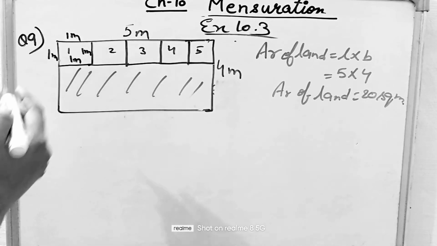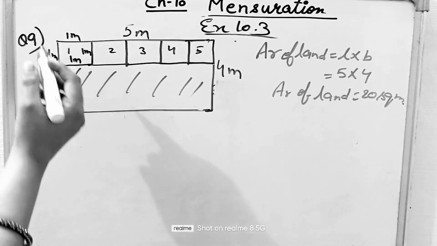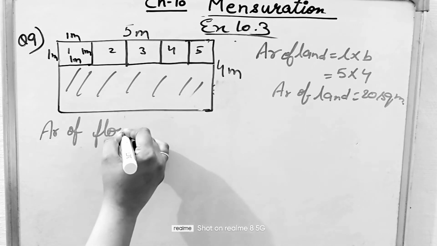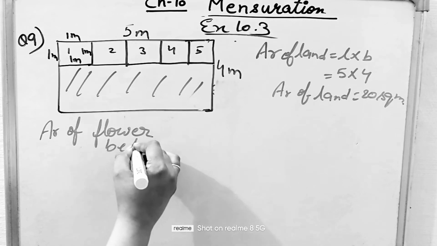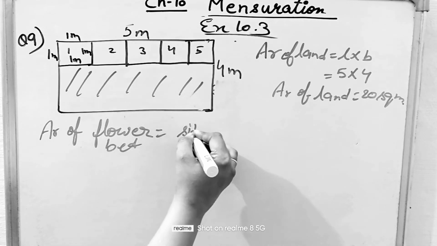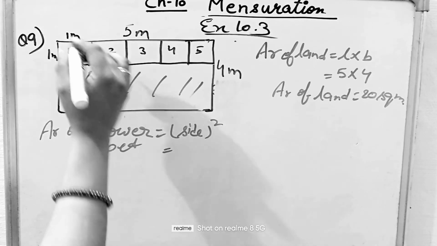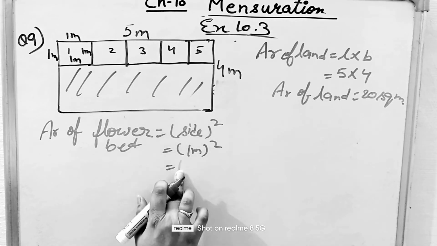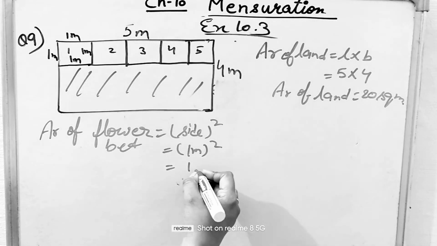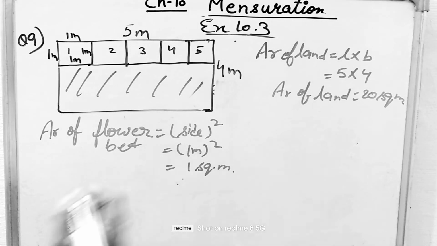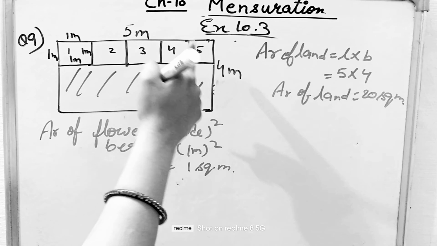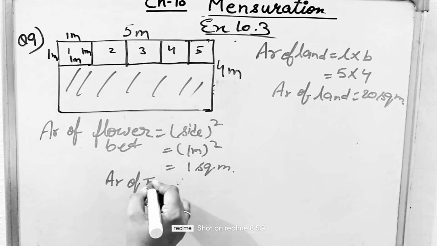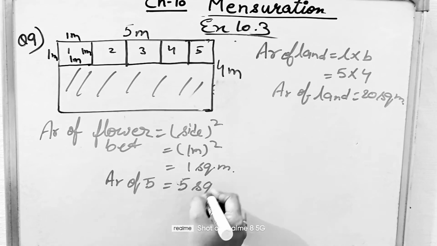Now the area of one flower bed is equal to side raised to the power 2. Now the side is 1 meter. So this becomes 1 meter raised to the power 2. This is 1 square meter. Now there are 5 flower beds. So that means the area of 5 flower beds is equal to 5 square meters.